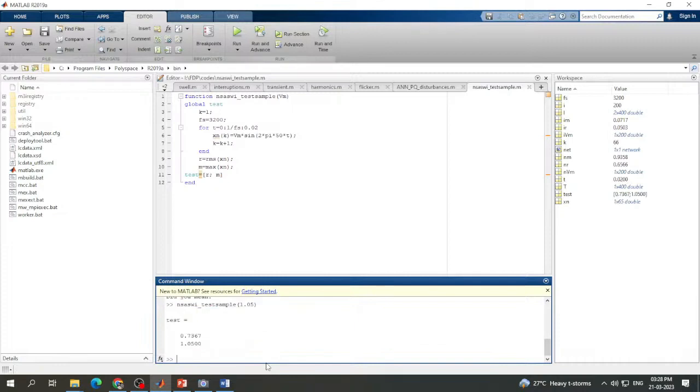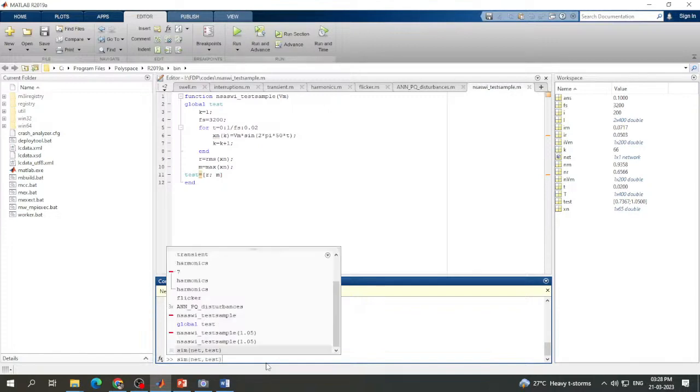Now whatever two inputs are required for the ANN training, I got. Now sim is the simulation of what? NET, that is the ANN structure, with respect to my test data. Now it is coming 0.1, so it is directly giving that it is a normal voltage.